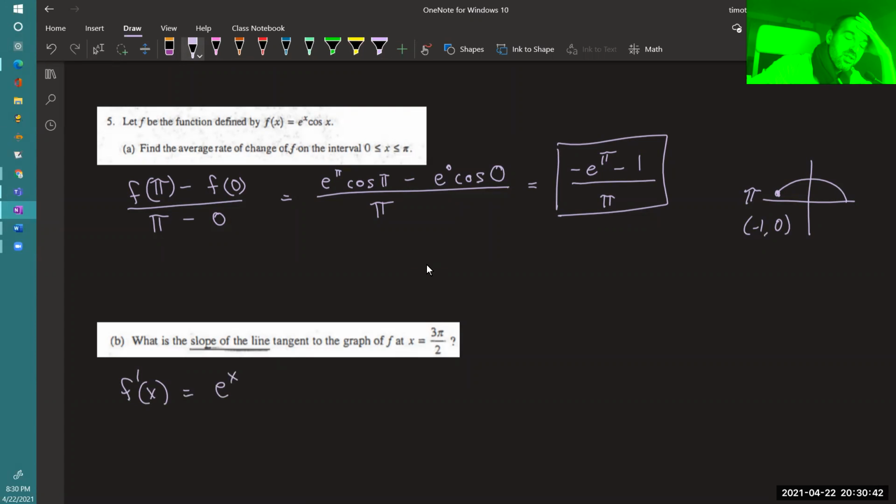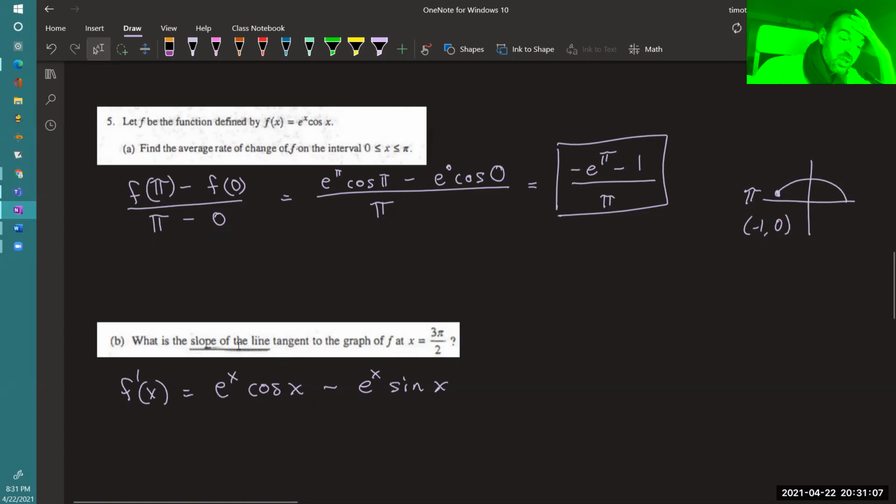So e to the x cosine x plus e to the x sine x, and I might as well make that a negative because the derivative of cosine is a negative sine. Here I differentiated e to the x. Here I didn't differentiate cosine. And again, e to the x, and I differentiated there.